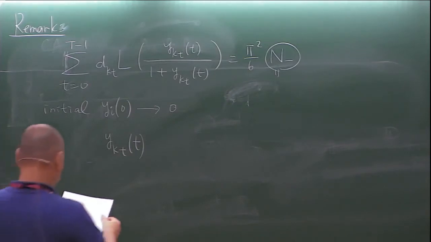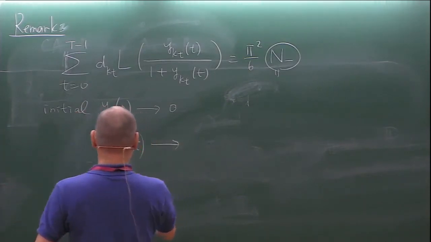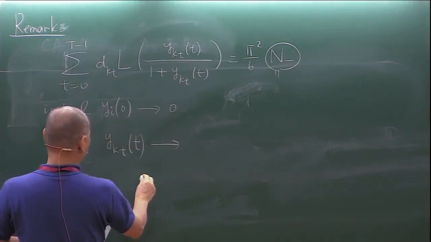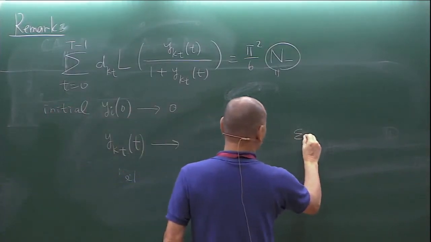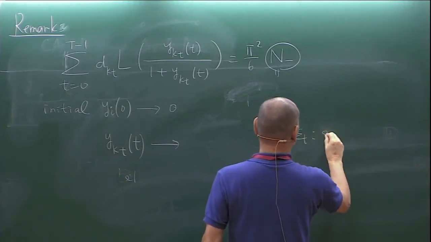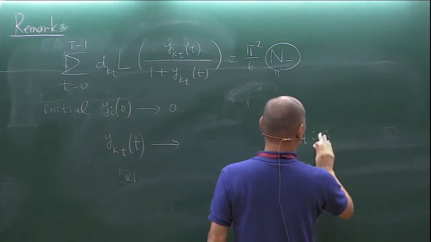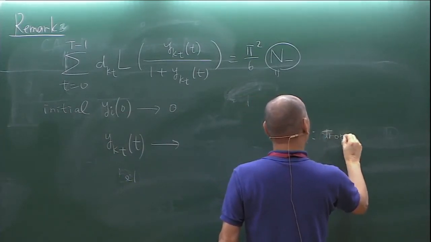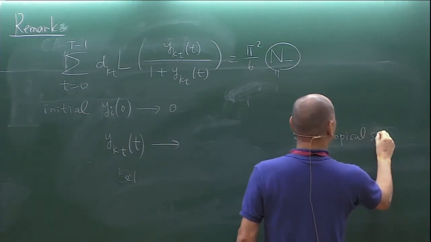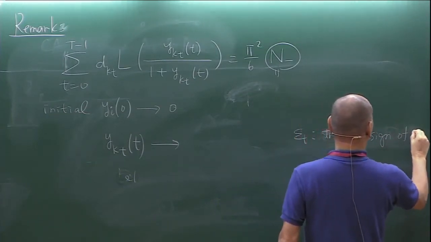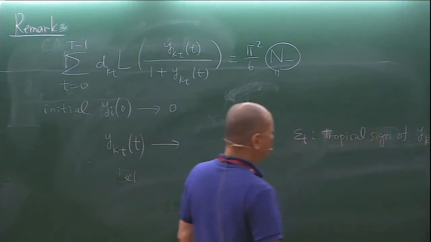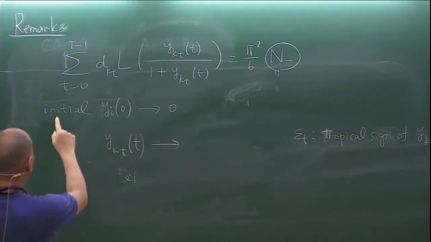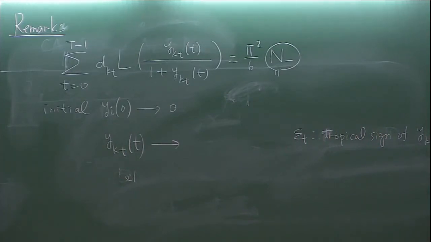So what I said is, say t is a tropical sign of your mutated y variables with respect to the initial point t equals 0.